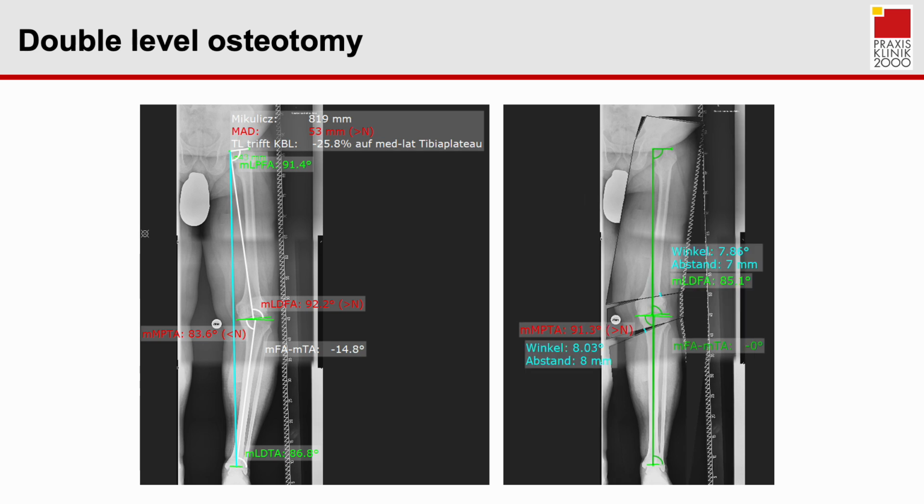On the other hand, if this deformity is corrected with a double-level osteotomy, that means a lateral closing wedge DFO and a medial opening wedge HTO, the LDFA becomes normal and the MPTA is 91 degrees. The joint line in this case should remain normal.